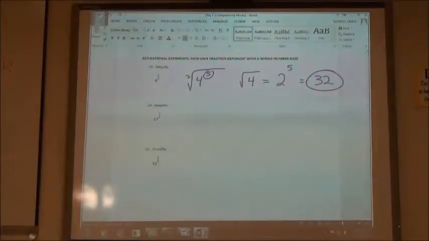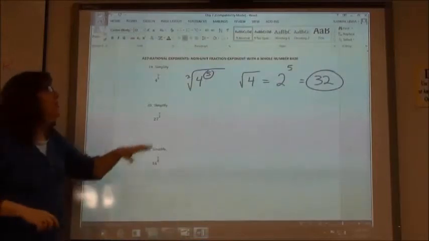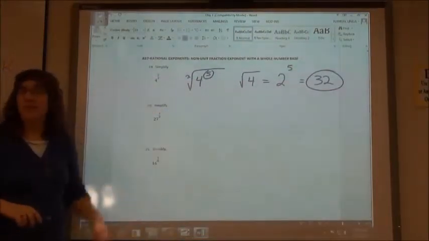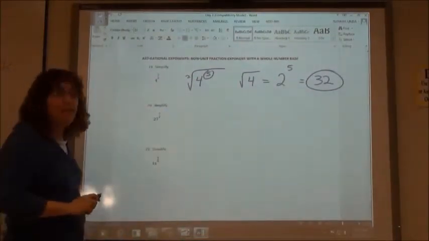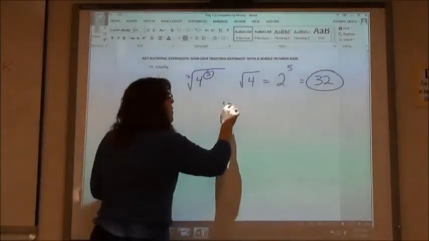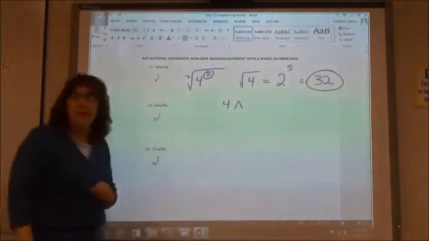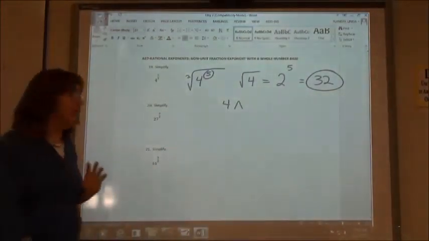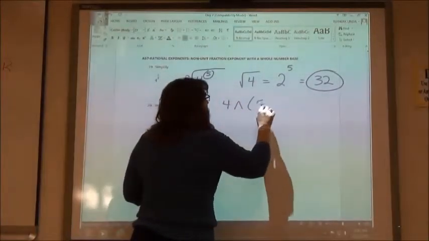So if I'm going to do this on my calculator, the whole thing, I could do it in steps if I wanted to. This is how I have to type it in. 4 caret, and then in parentheses, you're going to do the fraction, 5/2.